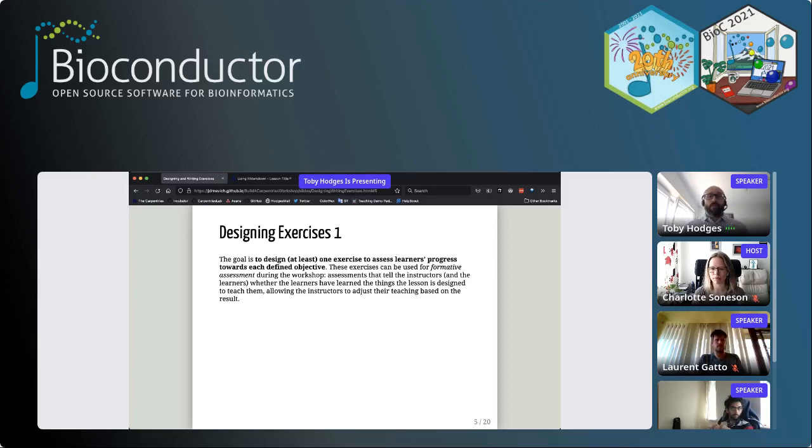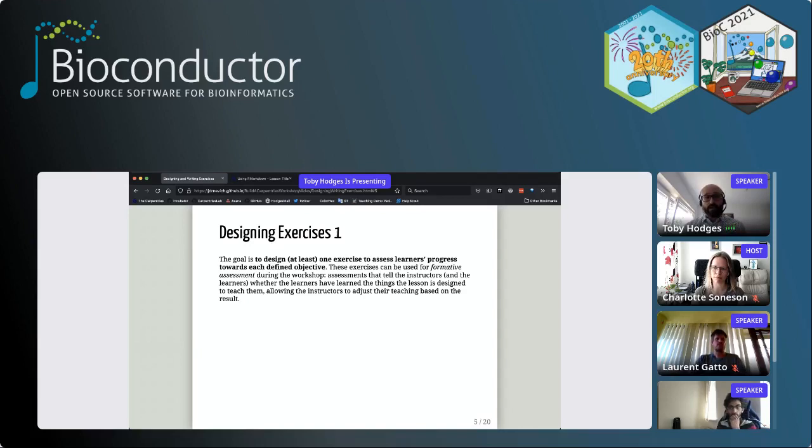And so to jump ahead a little bit, the goal, if you have those objectives already defined for your learners, is to design at least one exercise that assesses the learner's progress towards those defined objectives. The reason for that is that if you have at least one exercise for each of these objectives, you can use them during a workshop in formative assessment.